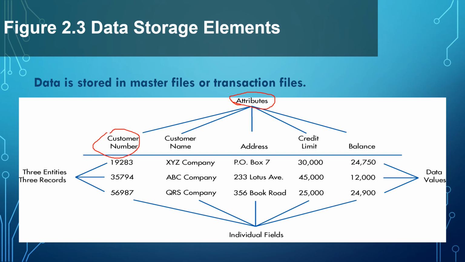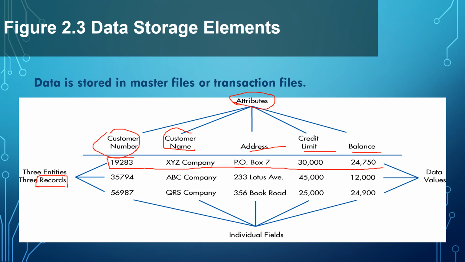One transaction record: customer order, customer name, address, credit limit, and balance. And then we have the record itself, the full record, which is the full row. This full record, full of customer name, customer number, and so on, all of this is called the record.